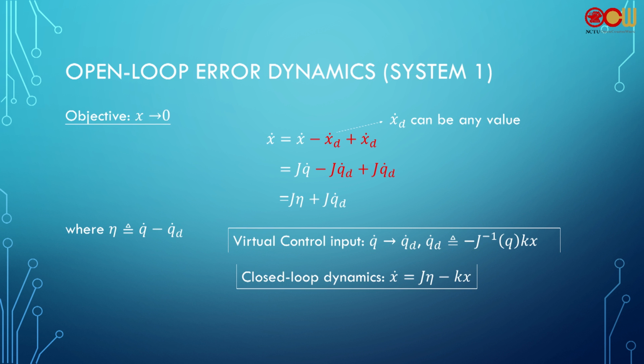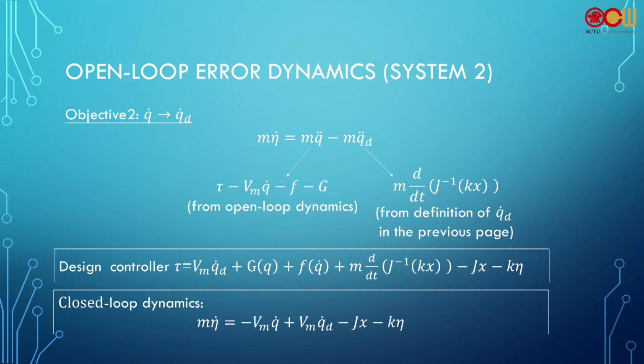So the control design for the second system is this. This is the open loop dynamics. Here, eta is the tracking error between Q dot and QD dot. M Q double dot provides the control access for the control input tau.